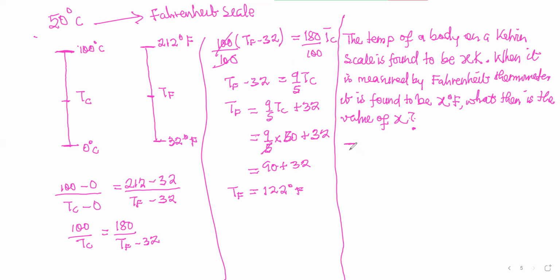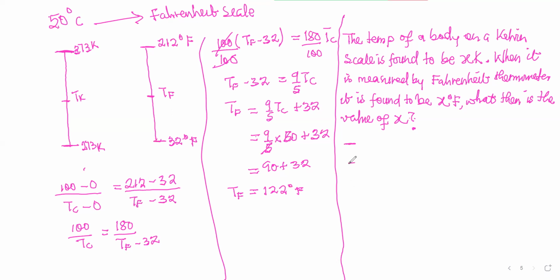So if this is for Kelvin, let me use this and then change. Kelvin and Fahrenheit. So this will be 273 K, whereas this is unknown T_K, and this is 373 K. So all that I need is a connection between them.